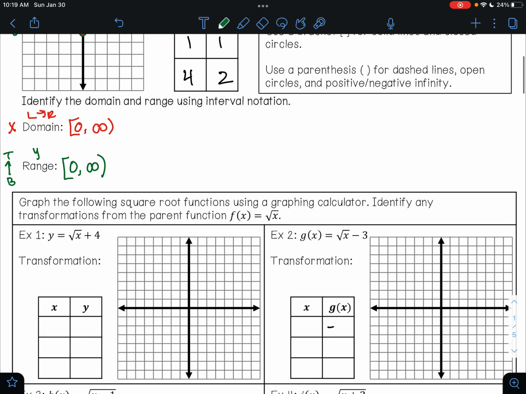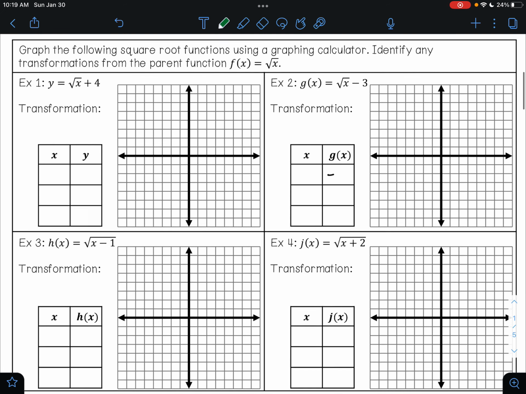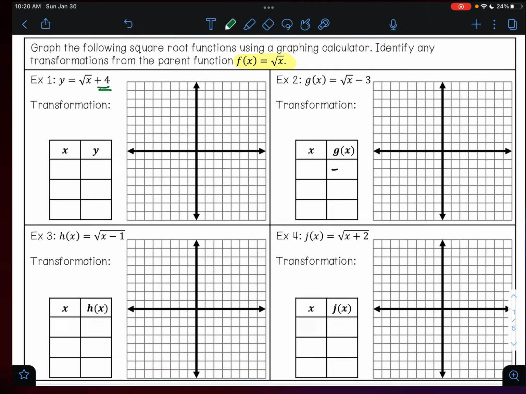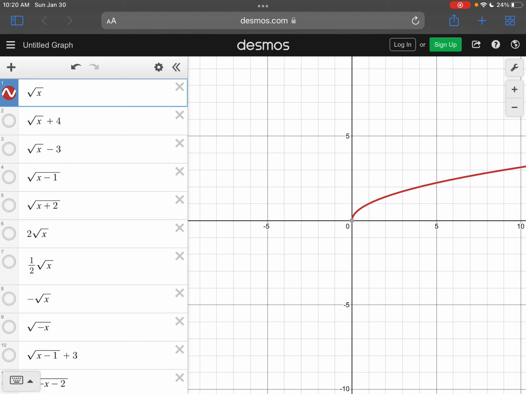So let's go ahead and see if we can identify any transformations here. It says graph the following square root functions using a graphing calculator. Identify any transformations from the parent function f of x equals the square root of x. So on example 1, we have y equals the square root of x plus 4. If we go back over to Desmos, if I graph the square root of x plus 4, we can see from the red line to the blue line that this has moved everything up 4 units.